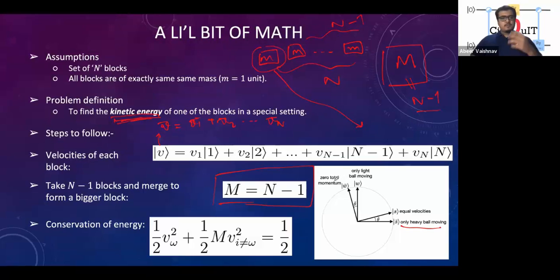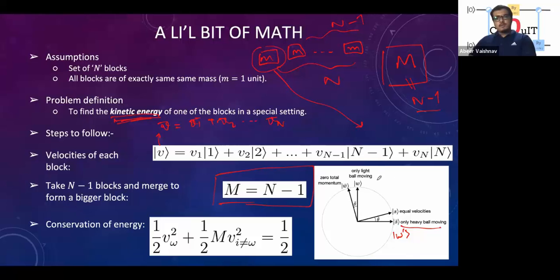Yeah. So this particular system now looks very similar to the Grover search phase diagram that we saw. We had the omega state and the omega prime state. Here it is denoted by S bar, but we can also write it as omega prime, because this is basically all the other n minus 1 blocks which are not under consideration for the kinetic energy problem.